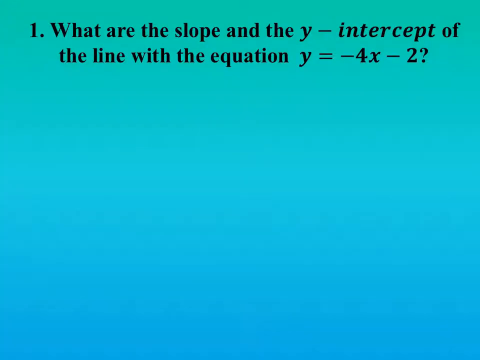Question number 1 is an easy one. What are the slope and the y-intercept of the line with the equation y equals negative 4x minus 2? Well, that's really easy because y equals mx plus b, where m is our slope and b is our y-intercept.